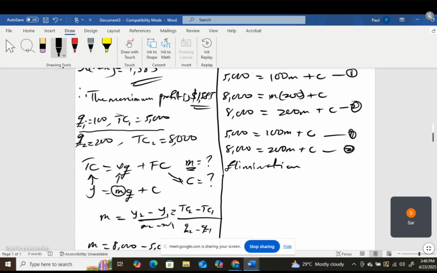By elimination, you just compare. Here is C, here is C. So when you subtract C from C, you get what?